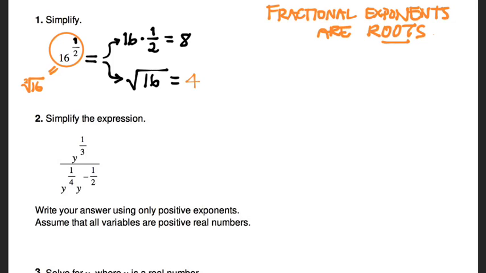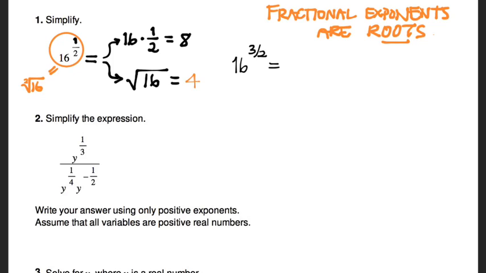Okay, great. So if that's how to raise a number to the 1 half power, then how do we raise a number to the 3 halves power, going back to the original problem? What do you think? So what we need to figure out is how this relates to the problem that we just did.